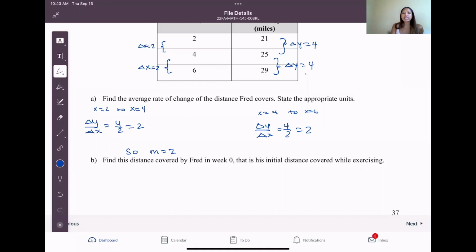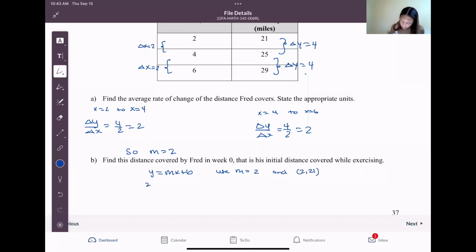You can think of it that way, or we can plug our points in to find it. Okay, so find the distance covered by Fred in week 0. That's his initial distance. If we have y equals mx plus b, we can use m equals 2, because we just calculated it, and any of the points from that table. I'm going to do 2 comma 21.